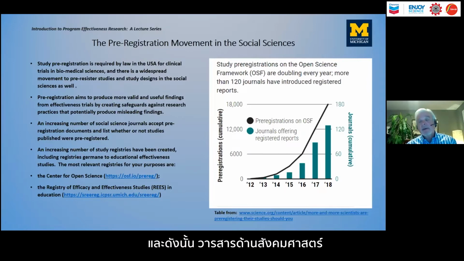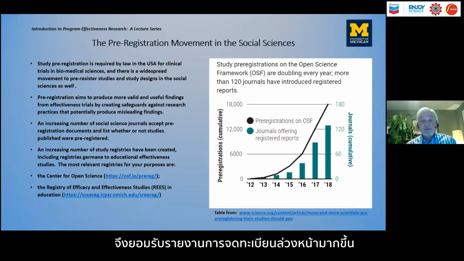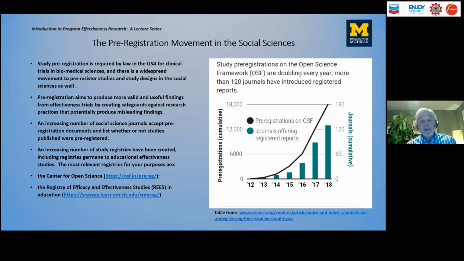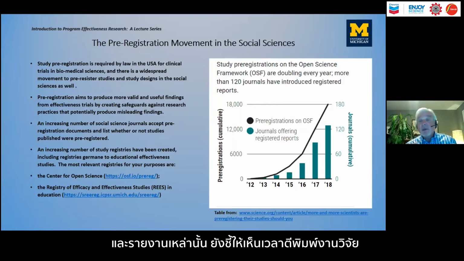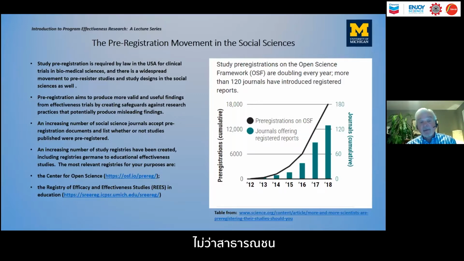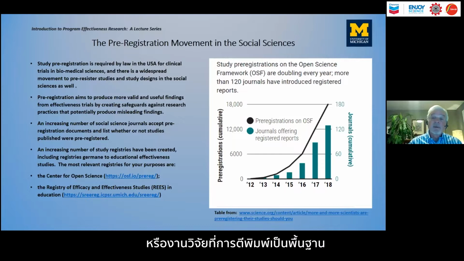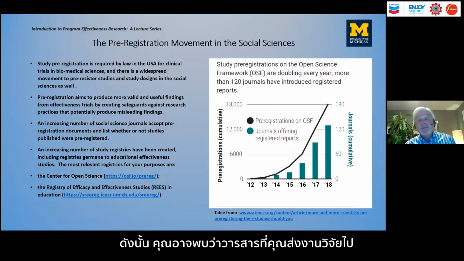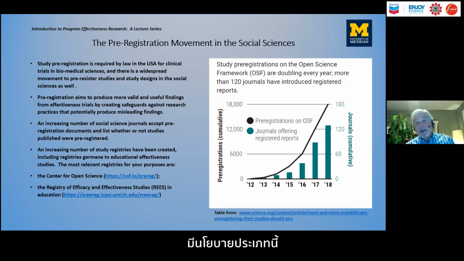And so increasingly, social science journals are accepting pre-registration reports and indexing them. They are also noting when they publish papers whether or not the research upon which the publication is based was pre-registered. So you may encounter a journal that you're submitting to that has these kinds of policies.